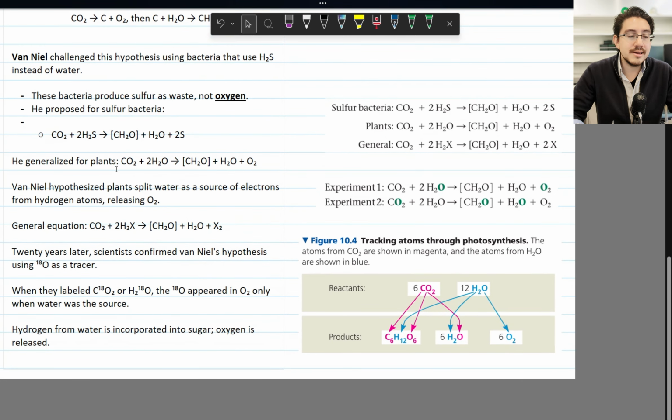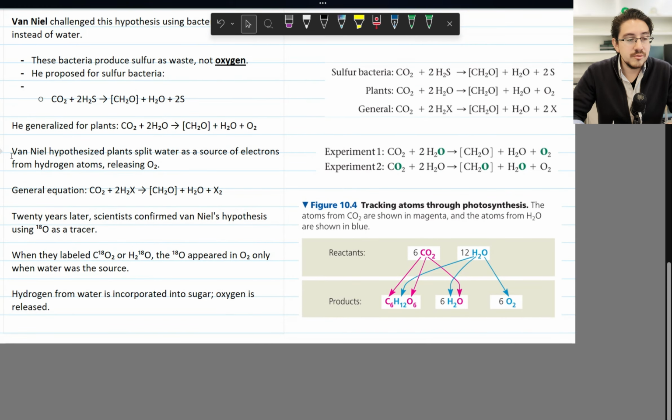So he generalized for plants. So carbon dioxide plus water would yield this particular equation here. He hypothesized that if this is what's happening for plants, something similar could be happening with this particular reaction in sulfur.